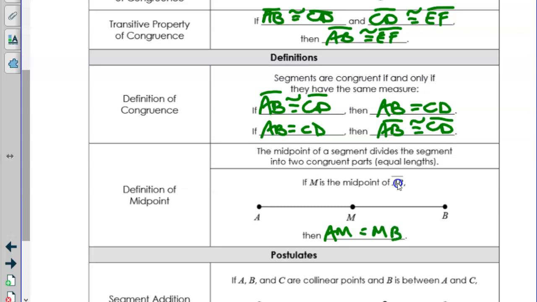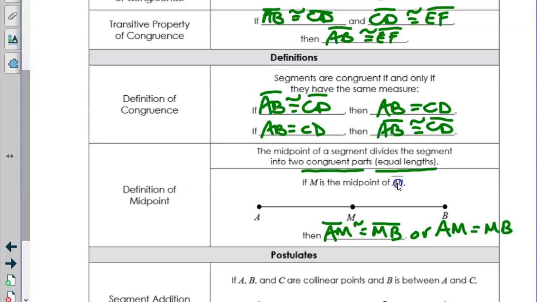You can also include equality, either one, because the definition says congruent parts, with equal length in parentheses. So you might be able to jump right to AM is equal to MB because of the way the definition is written. You have both things in there.